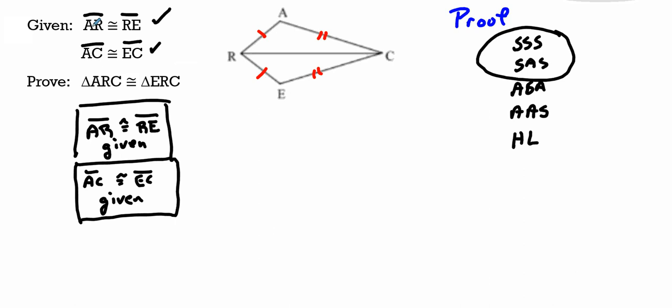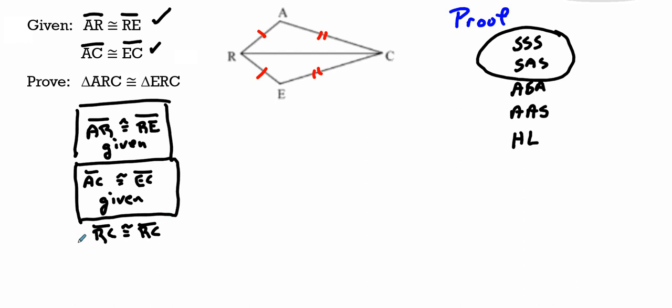So we're going to ask, is there any way we can get any statement about this side here? Well, we can actually, because if we look at these two triangles, RC is in both triangles.